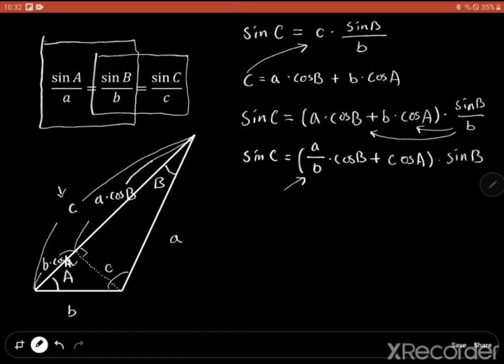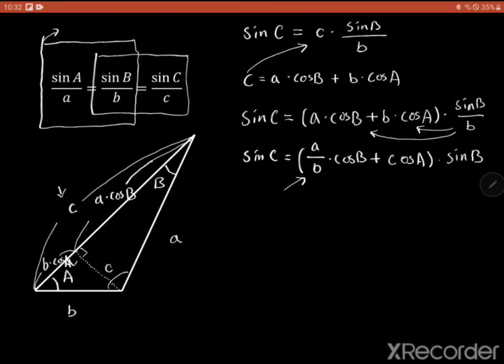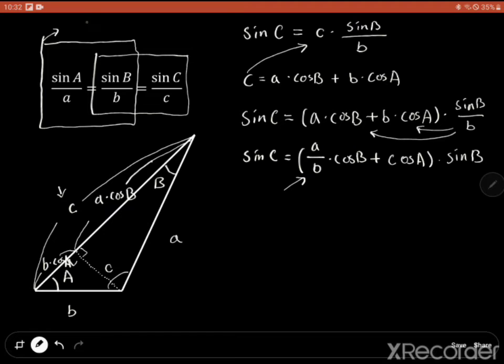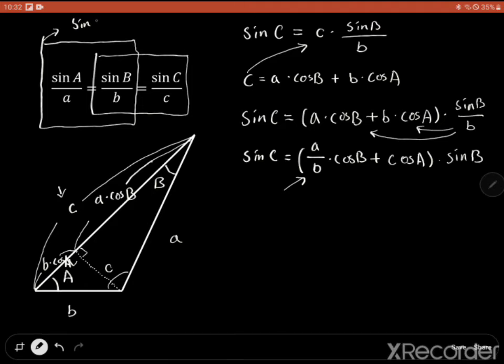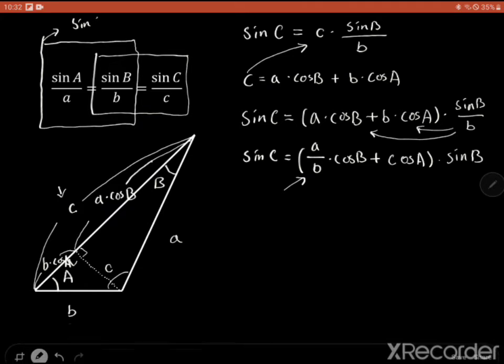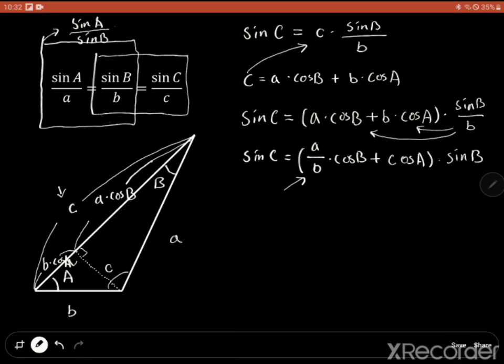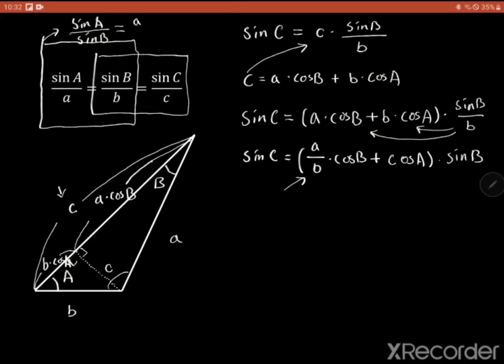We're going to rewrite this equation to put the sines together and the lengths together: divide both sides by sine B, so sine A over sine B, and at the same time multiply by b, so a over b.